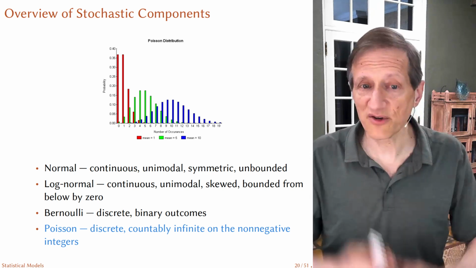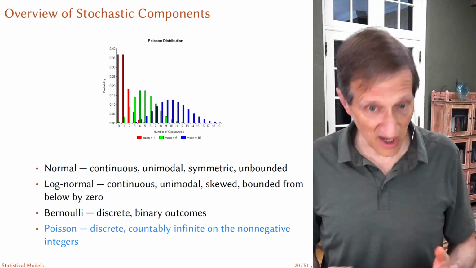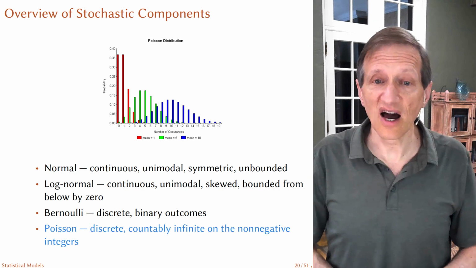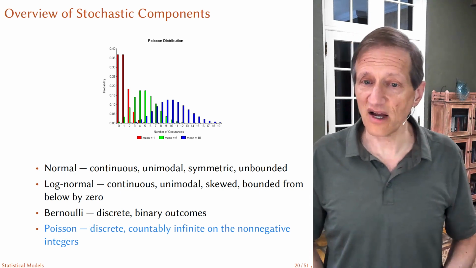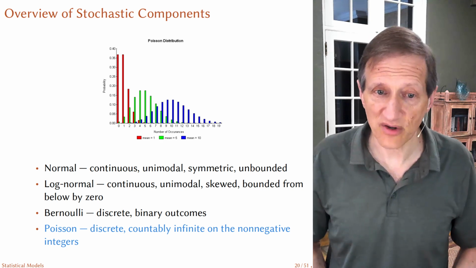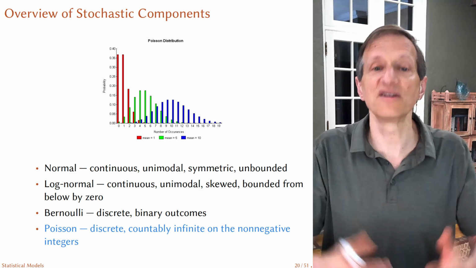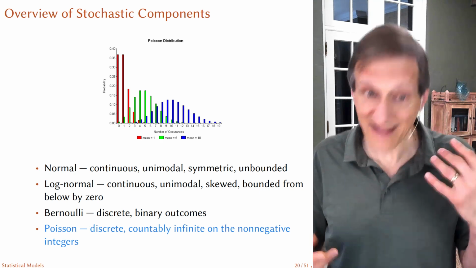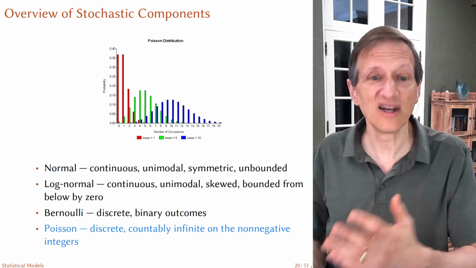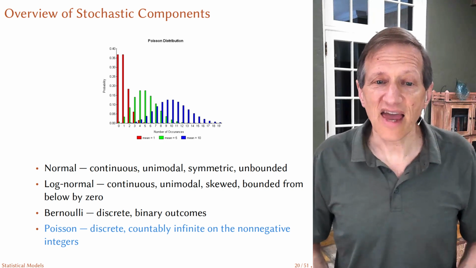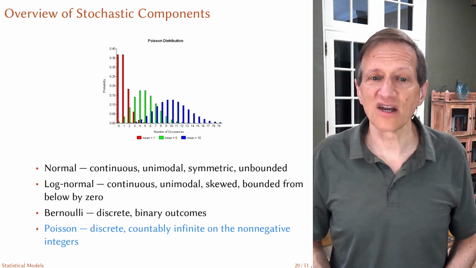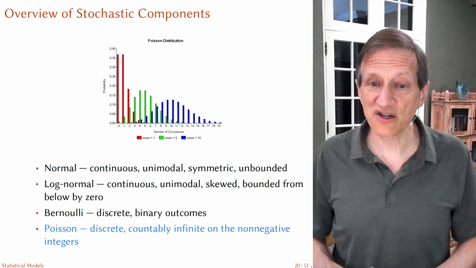Okay. Here's another example. Speaking of count, if you count things, one possible class of stochastic components is what's known as the Poisson distribution, named after not that famous fish, but after a guy named Poisson. The Poisson distribution is a discrete distribution.